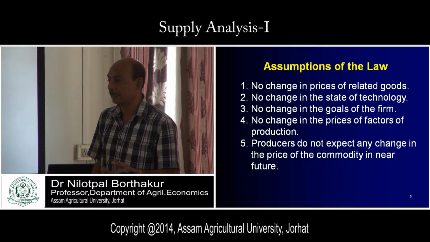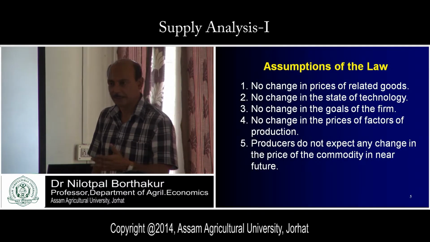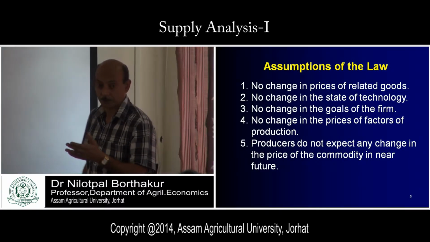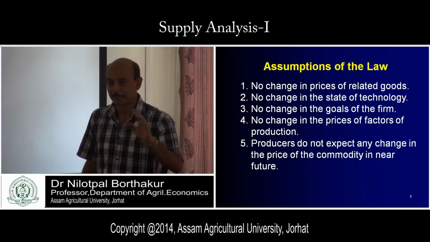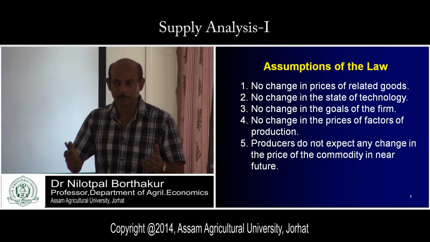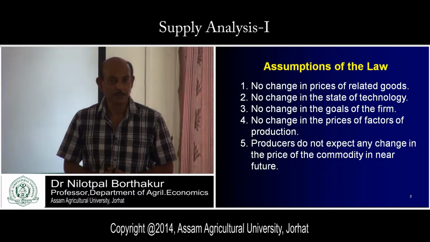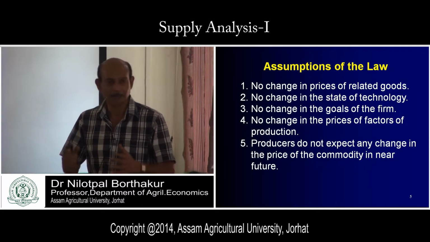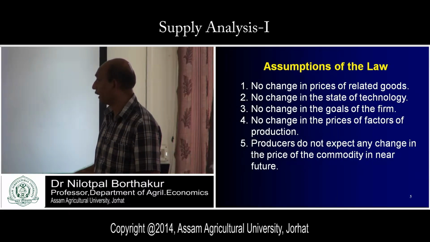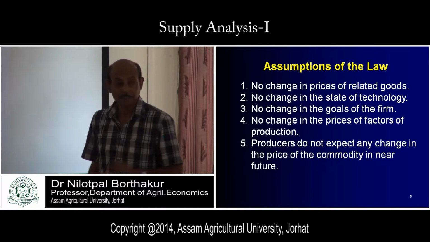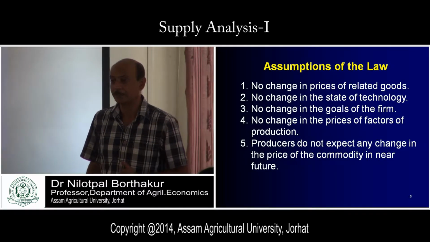Application of fertilizer is a technology. With this technology, we can produce more, and as a result of introduction of technology, at a certain price, our production will increase, and this will also increase the supply. So this technology should be constant in order to define the law of supply.